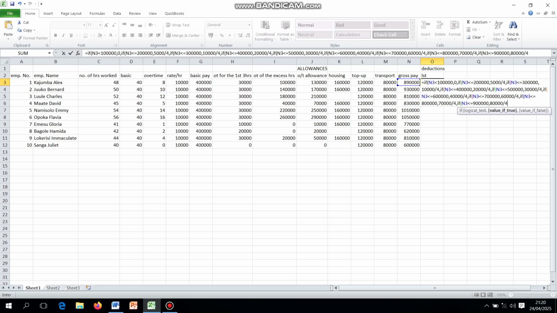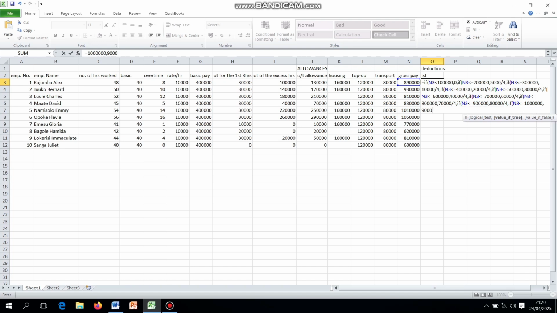After, we shall put a comma, then we shall continue with IF our gross pay is less or equal to 1 million, we shall put a comma. The rate which was given is 90,000. 90,000 is the one we shall divide by 4. We shall put a comma.